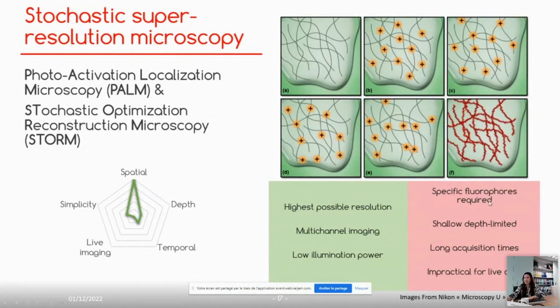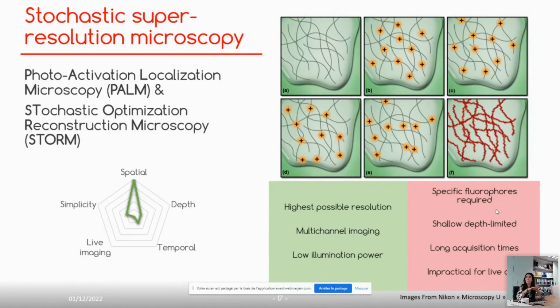You can't just use anything you would normally use. You need to have one that will blink. Usually that means something that blinks is going to need a buffer, and many of the existing buffers will kill live cells. So it can be very impractical to do these kinds of techniques on live cells. There is definitely people working on it, but it's just something to consider.